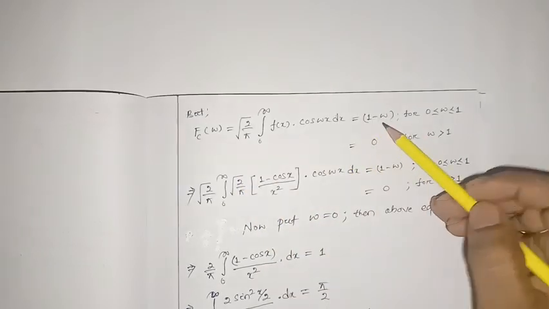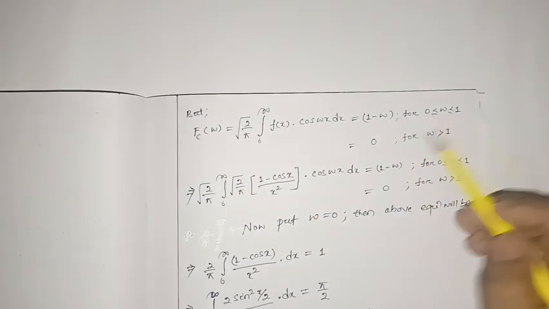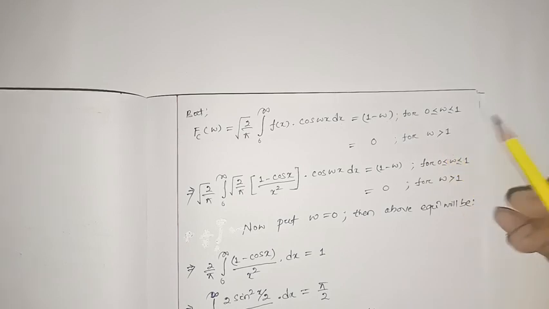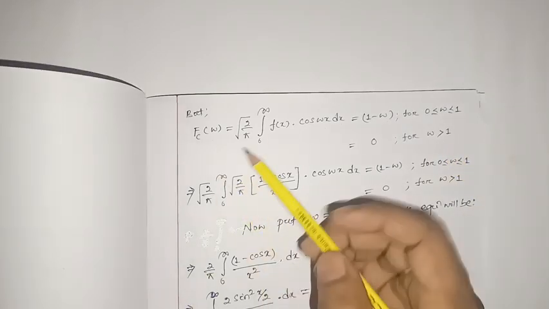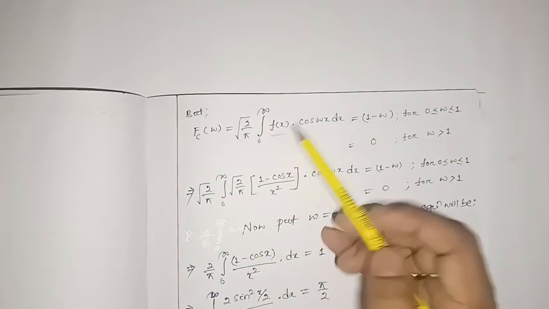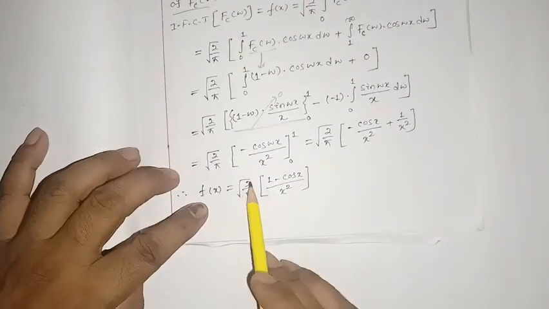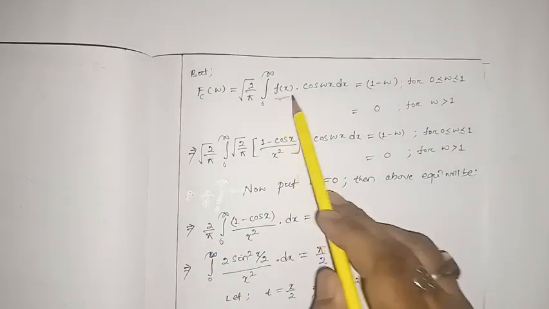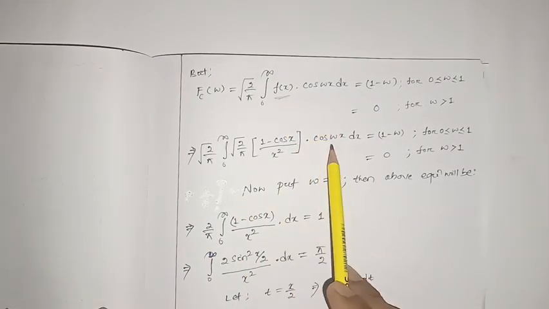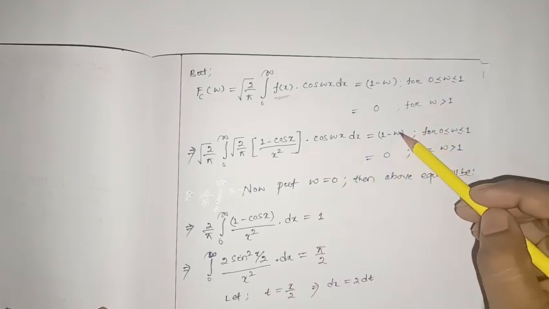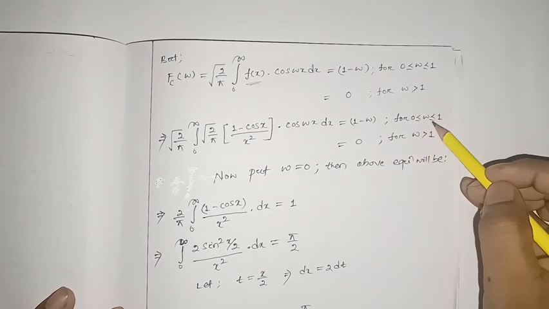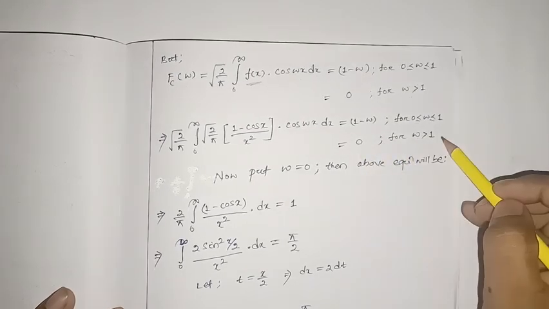This value is nothing but 1 minus omega for omega between 0 to 1, and 0 for omega greater than 1. Now 2 by pi root over, and the f(x) value we found, 2 by pi root over 1 minus cos x by x square, we are going to substitute over here, with cos omega x dx, whose value is 1 minus omega for omega between 0 to 1, and 0 for omega greater than 1.